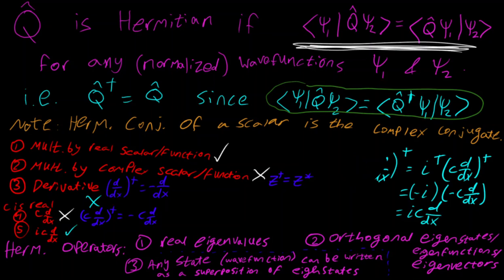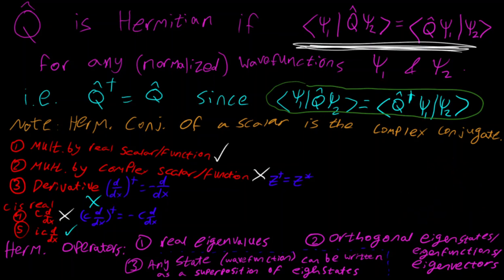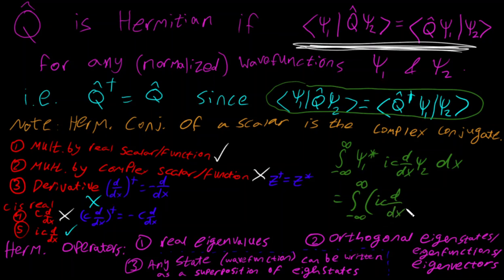So, just to recap what that means, we have the integral from negative infinity to infinity of psi 1 star times I C d by dx psi 2 dx equals the integral from negative infinity to infinity of I C d by dx psi 1, this complex conjugate, times psi 2 dx.